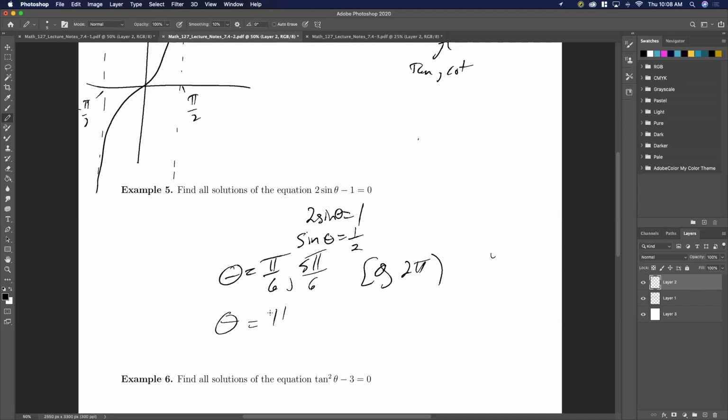And then if we're looking for all the answers, we just add 2 pi. So the first couple ones, just to get you used to what you're supposed to do, this is the kind of problem you'll see. Here you just solve for sine theta, get it to a value, and then you do what we've been doing to get your answers.